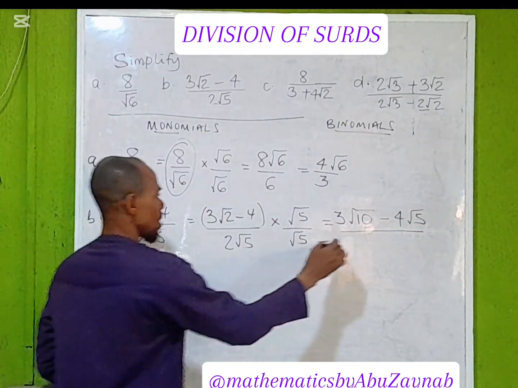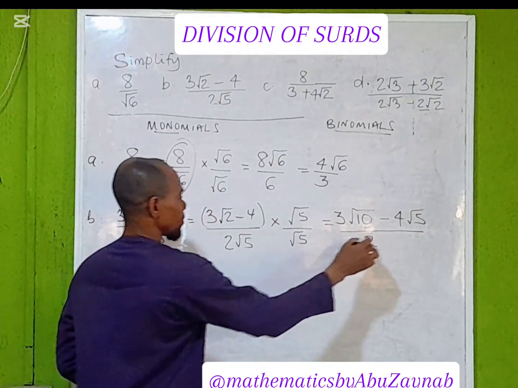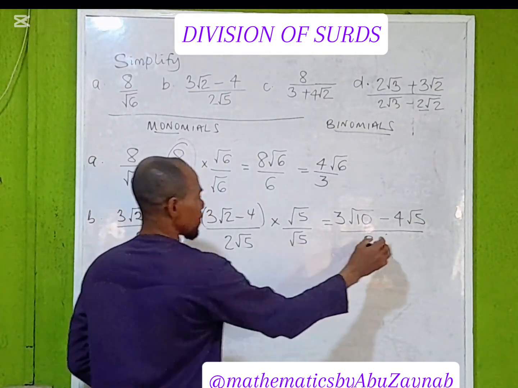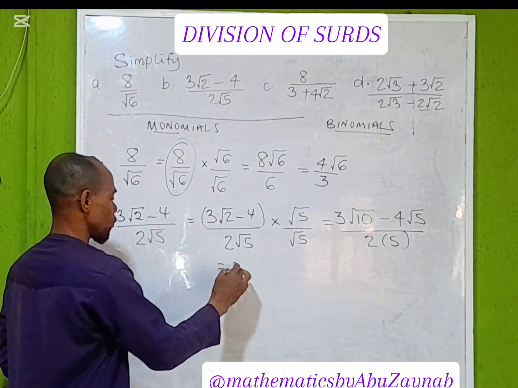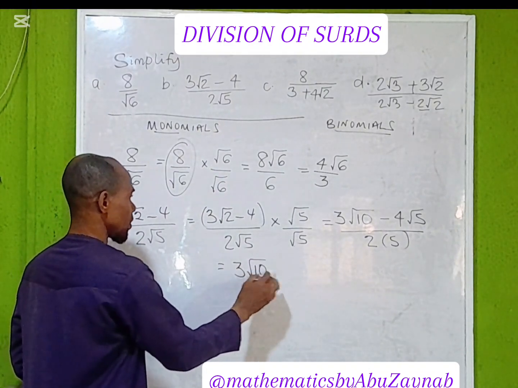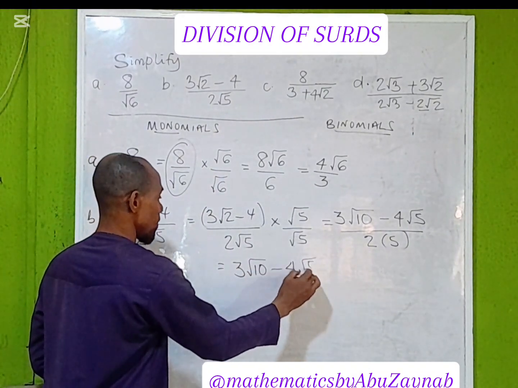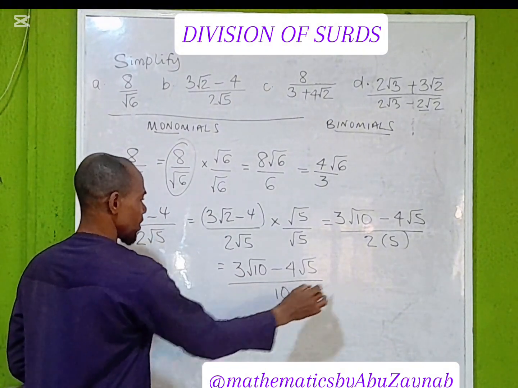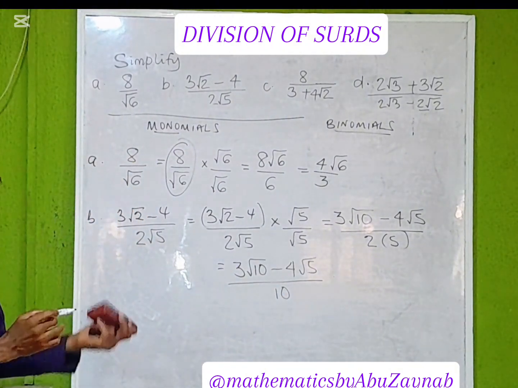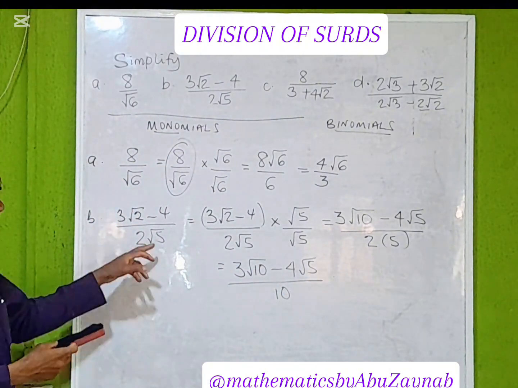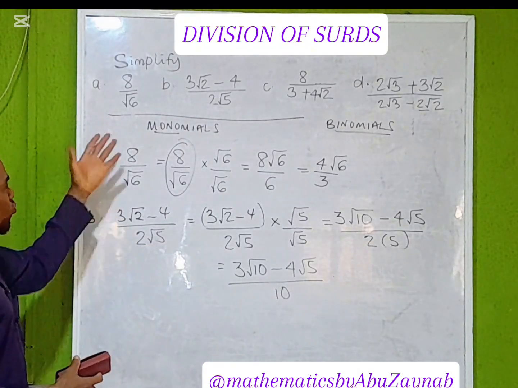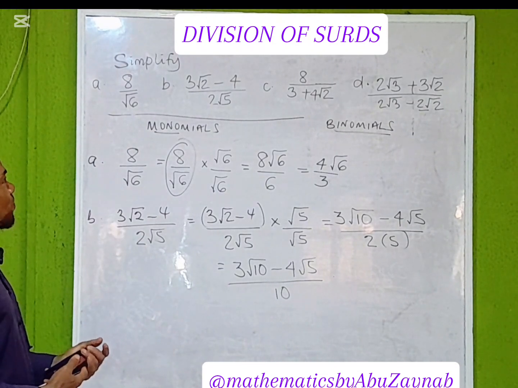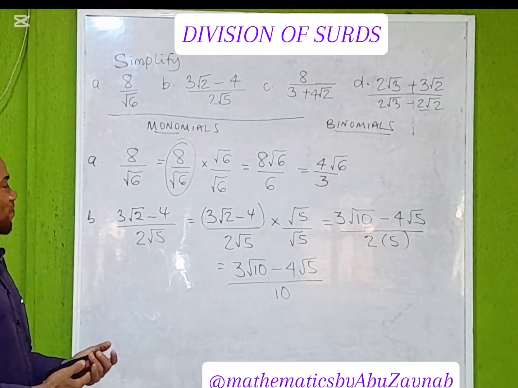For the denominator, I'm going to have 2 times root 5 times root 5, which is simply 5. Hence, our solution becomes 3 root 10 minus 4 root 5 over 10. Once again, we've achieved our aim of eradicating the square root. So we have this as a solution. So these are the two ways of solving the case for monomials.